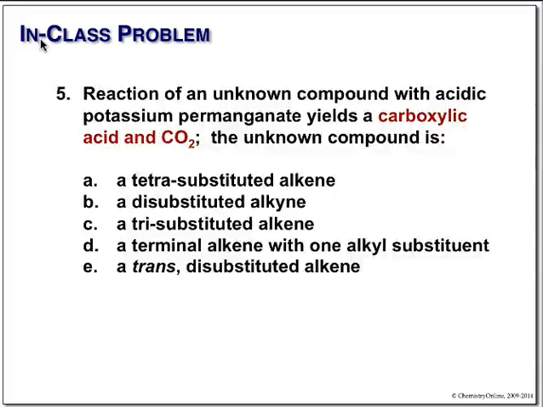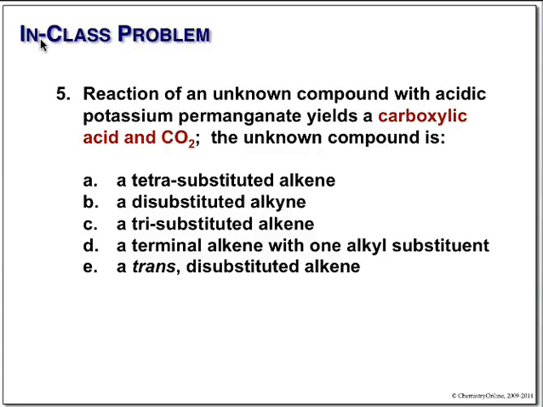Because we wind up with CO2, that means that this is either a terminal alkyne or a terminal alkene. The carbon on the end is cleaved all the way to CO2. The other carbon goes to the carboxylic acid.